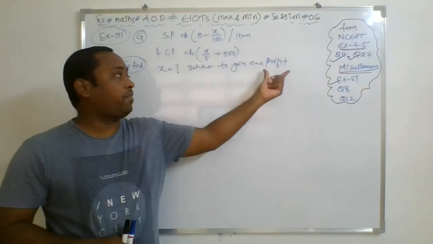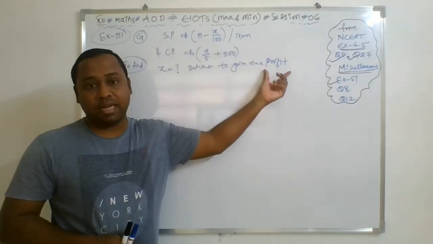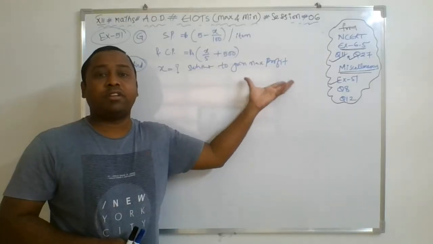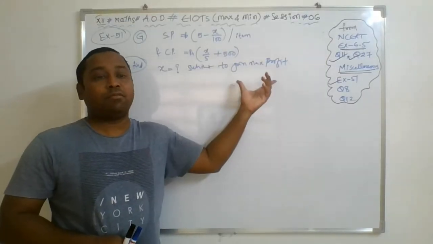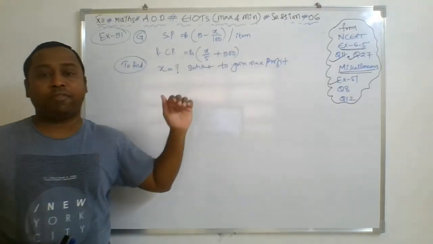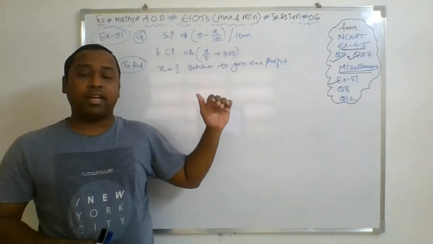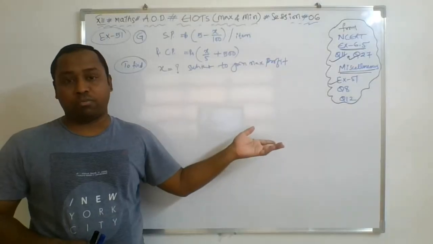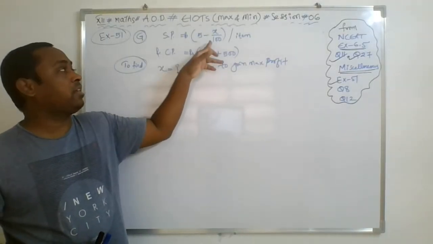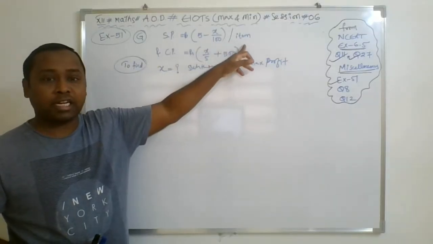We know the profit function, selling price minus cost price, will always give the profit. But while applying this formula, you need to remember profit means the total selling price minus total cost price. Total cost price is directly given, but here the selling price is given per item.